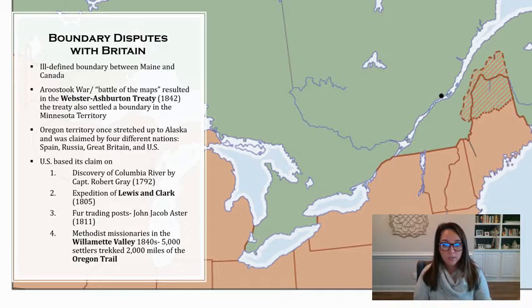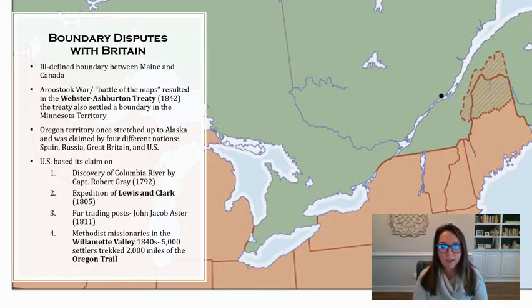Well, in the 1840s, there were thousands of Americans that had gone out to the Willamette Valley in Oregon and had created Christian missions, again, Second Great Awakening, and had converted Native Americans. They had converted miners. And so they had established settlements there.